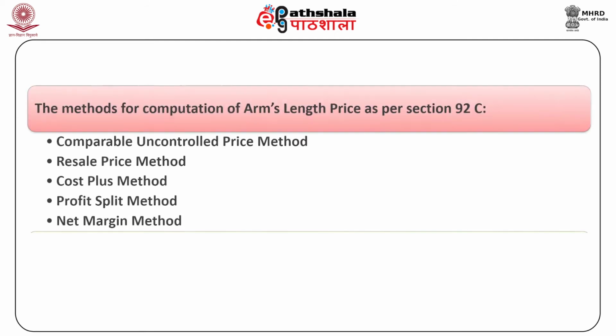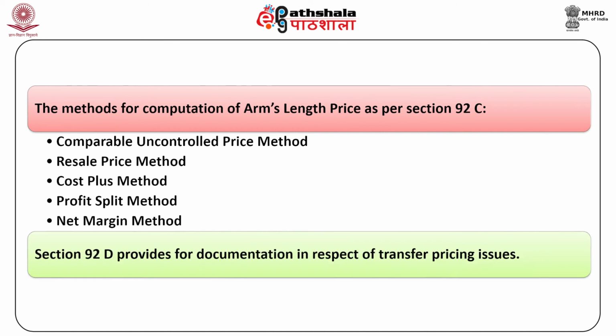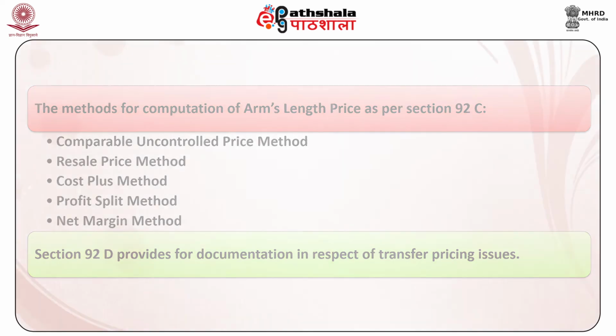Fifth, the methods for computation of arm's length price as per Section 92C consist of the comparable uncontrolled price method, resale price method, cost plus method, profit split method and net margin method.